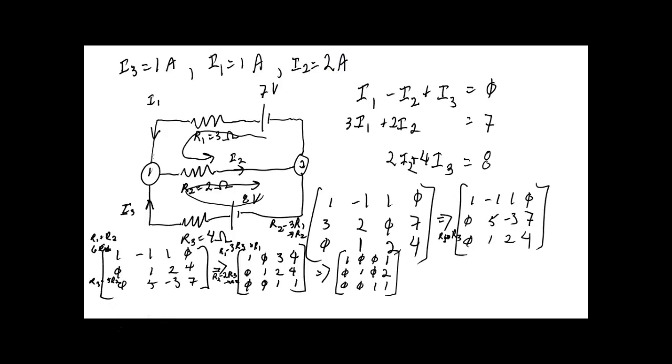Okay. Let's see if this kind of makes sense. I1 was the current coming through that 7-volt battery through the 3 ohm resistor and into junction 1. We said 1 amp. I3 was the current coming through the 8-volt battery across the 4 ohm resistor and going into junction 1. And then they added to be I2, which goes through the 2 ohm resistor.